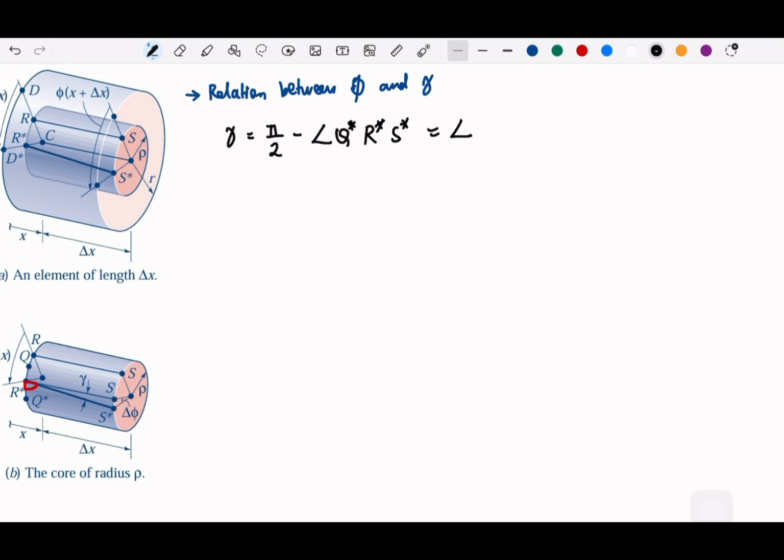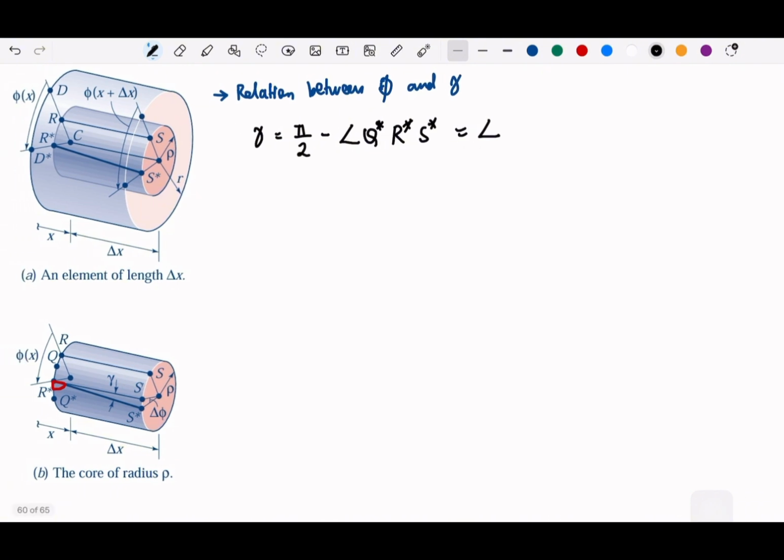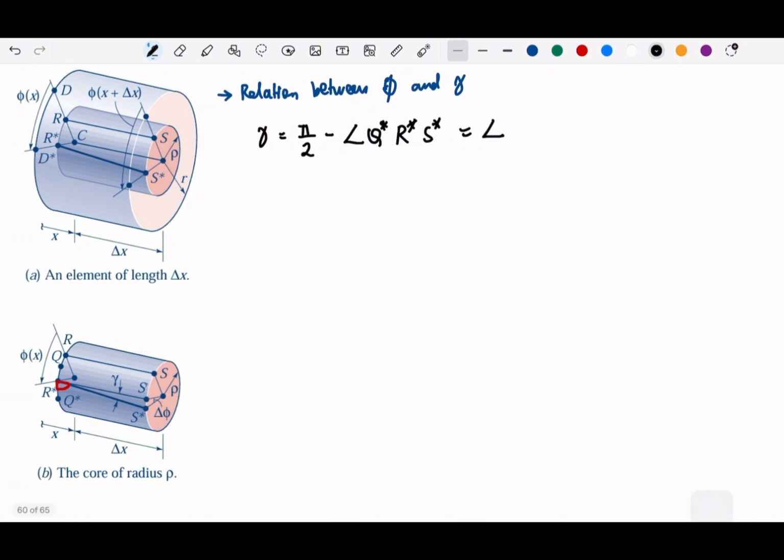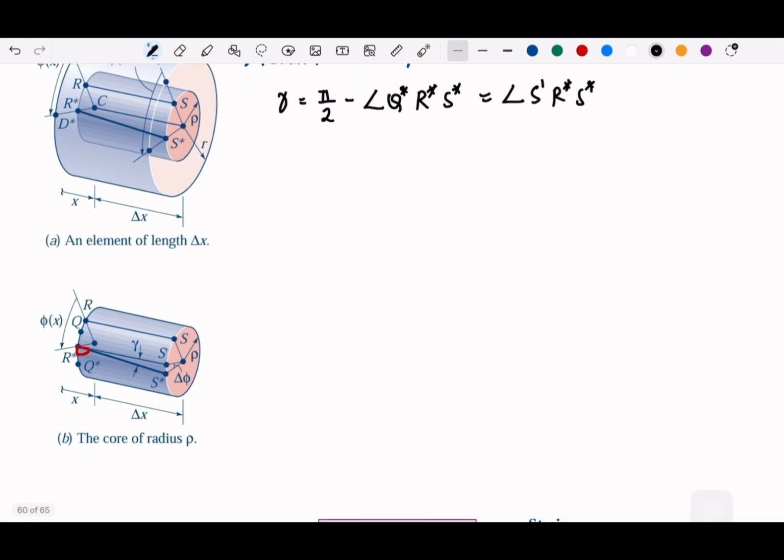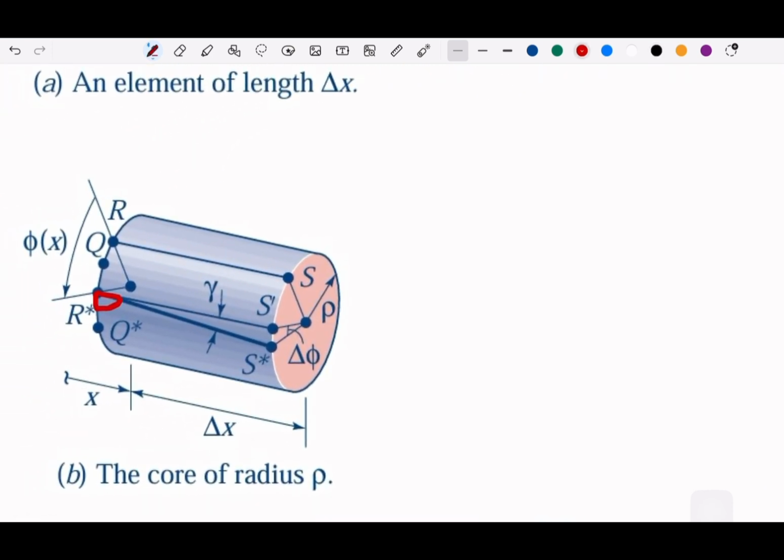And this will be the angle of S prime, R asterisk, and S asterisk. This is the shear strain.